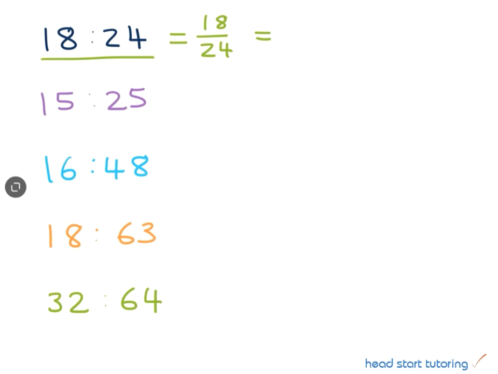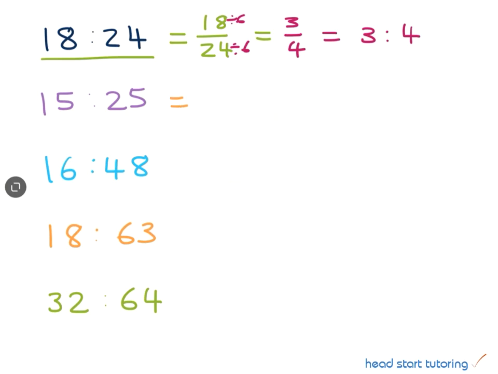So we divide both our 18 and our 24 by 6 to get an answer of 3/4. And that 3/4 we can then convert back into a ratio of 3 to 4.